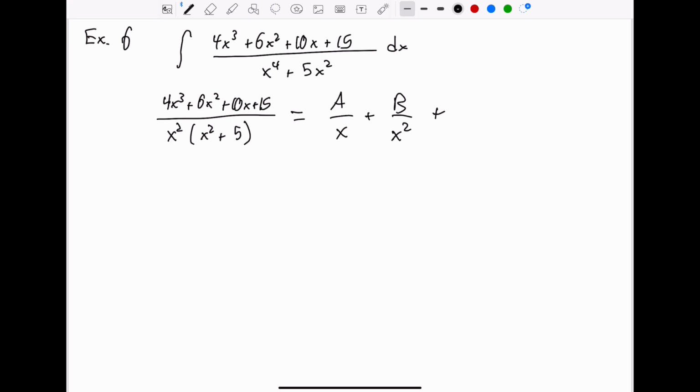All right, then we have this irreducible quadratic, x squared plus 5, and this needs a numerator of the form cx plus d. Now solve for a, b, c, and d. Multiply everything by the denominator, and now expand everything out, group like terms, and solve.